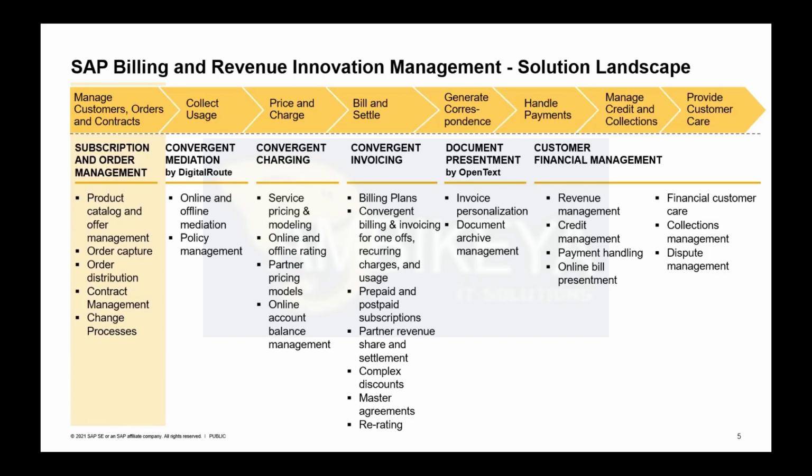You might have different options in your product in order to select the prices. You can have maybe a counter, which means you have 100 minutes per month paid in advance in your tariff. So all these different product models can be covered by billing and revenue innovation management.